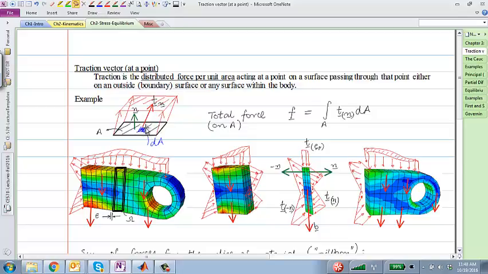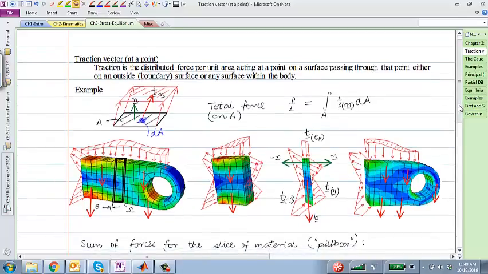I have these two vectors now. How do I sum them? Just by vector addition, right? Parallelogram rule or components or whatever. So that's what this integral means: when I'm summing up all of these things, I'm getting a total force over the area from the traction. So traction is force per unit area. Stress is not force per unit area. I'll come to what stress is in a little bit.